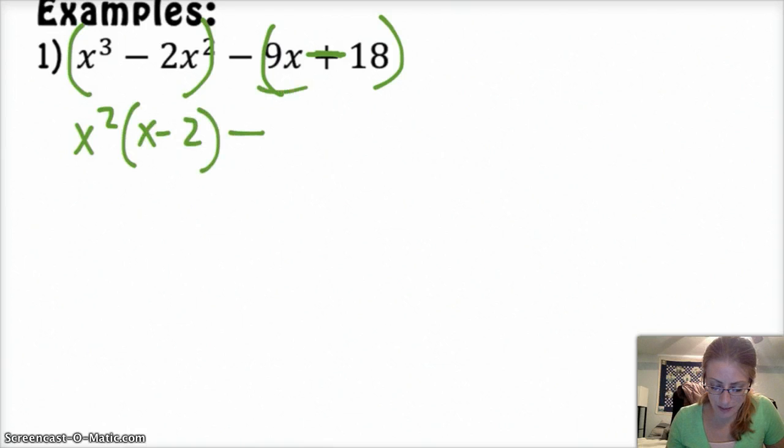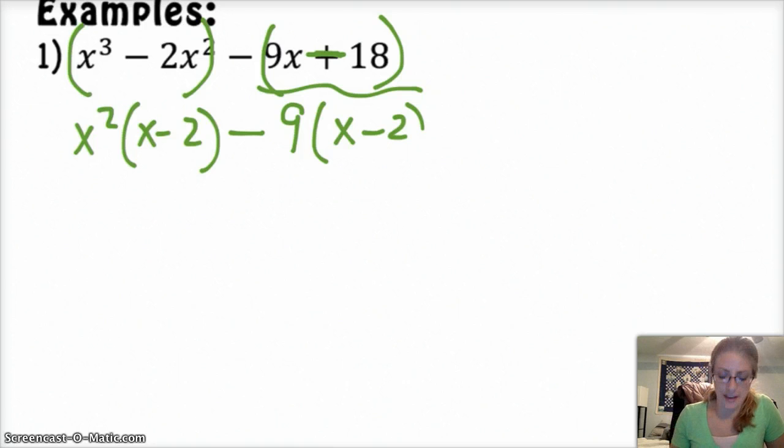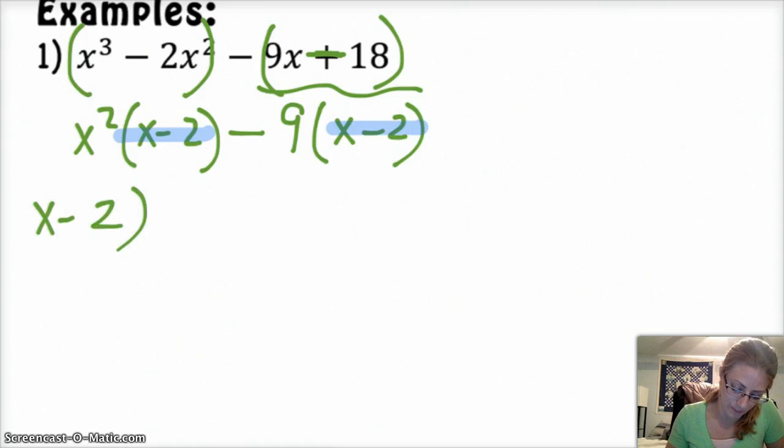From the second one, I can pull out a 9, so I'm going to have a minus 9, and on the inside is an x minus 2. Both terms have x minus 2, so I pull those out front, and I'm left with x squared minus 9.